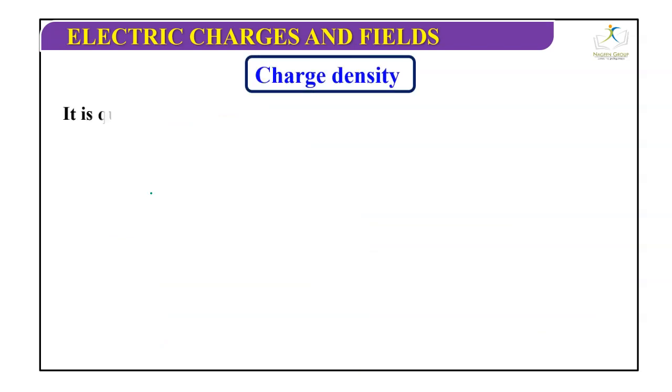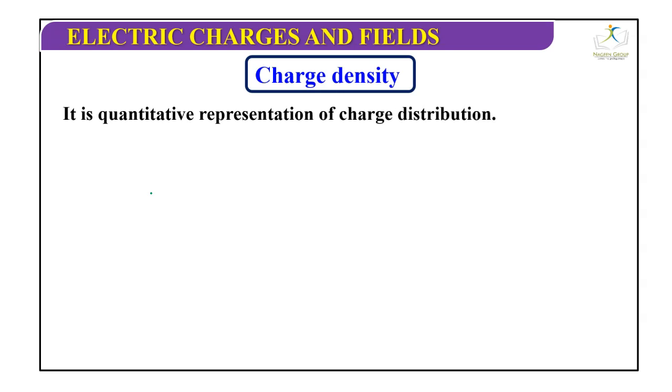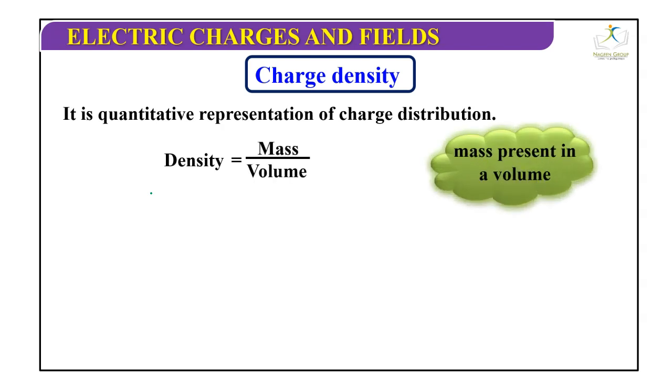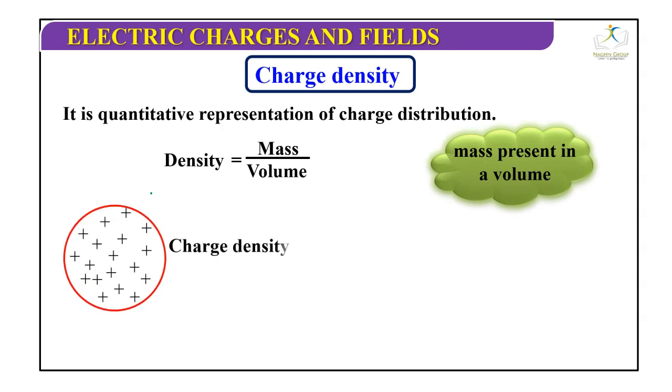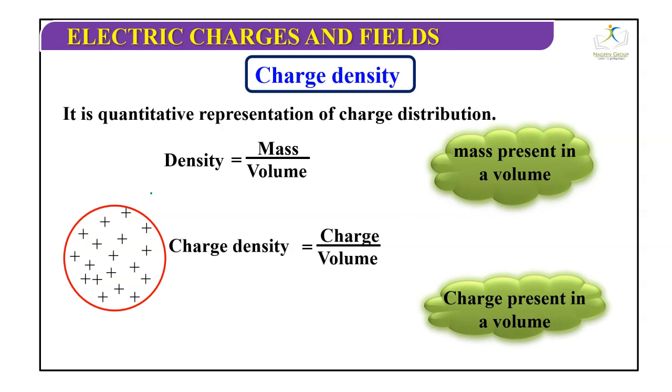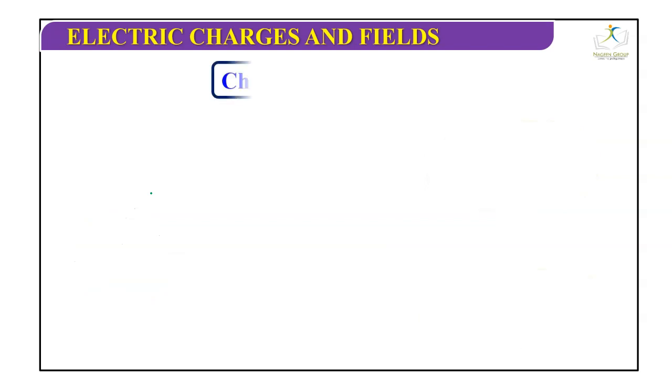Charge density is what? It is a quantity which represents the charge distribution. Like density is equal to mass per unit volume, so mass is represented basically in a volume. This is a uniformly charged distribution. So charge density will be charge divided by volume, the charge present in the volume.